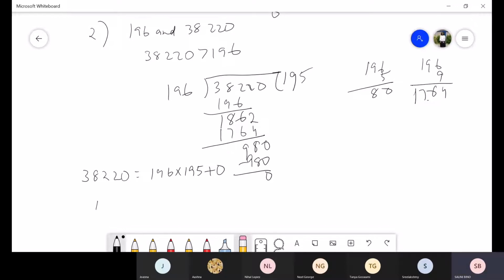So the HCF of 196 and 38,220 is 196. Check whether you are getting this answer.